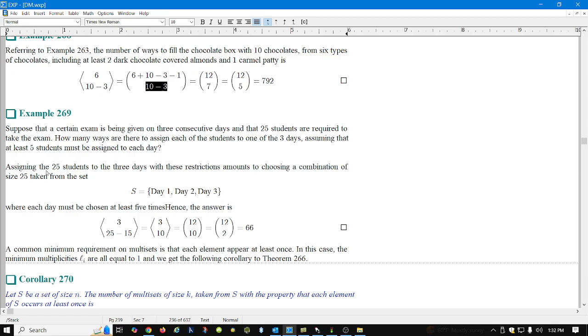Okay. Well, so assigning the 25 students to 3 days with these lower bounds amounts to choosing a multiset of size 25 taken from this set of size 3, the 3 days, where each day must be chosen at least 5 times.